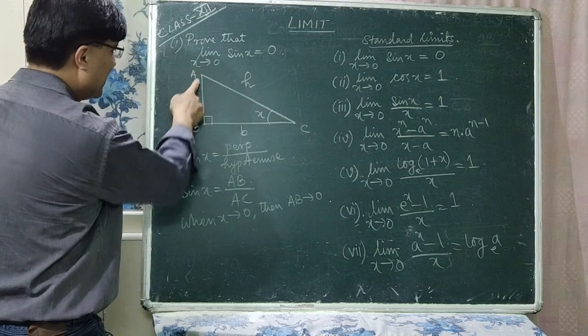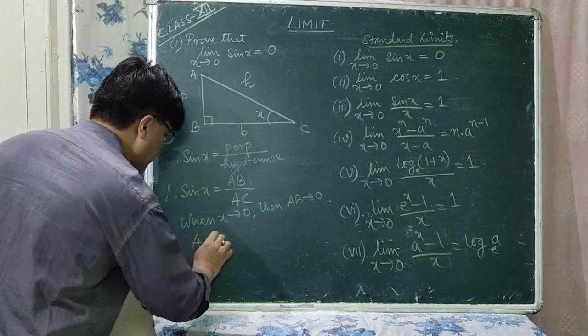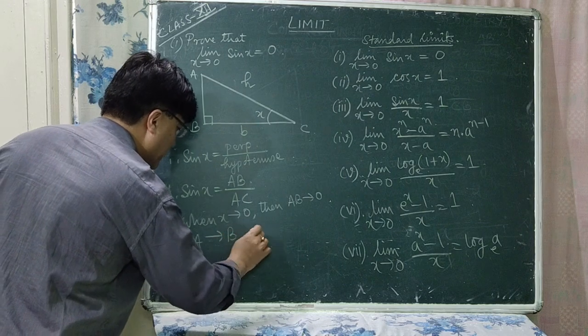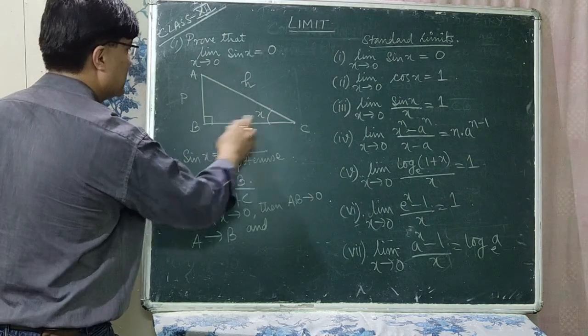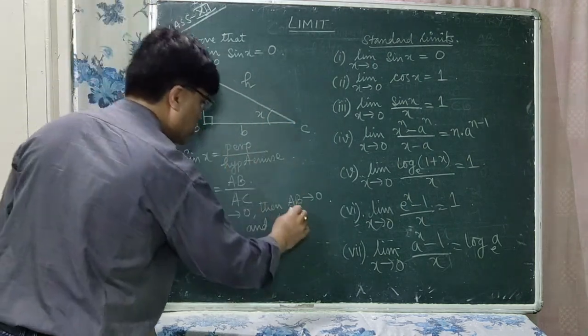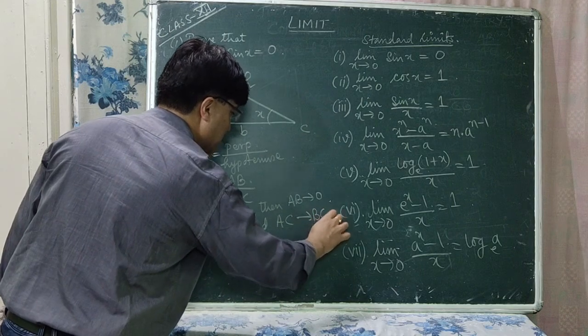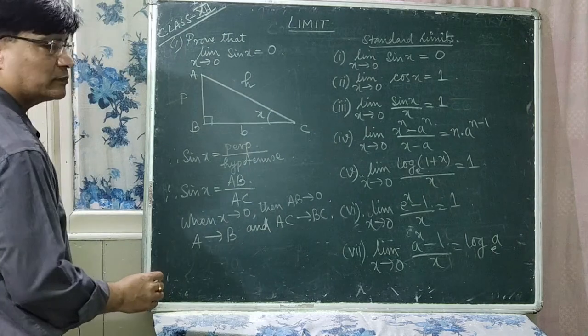And this A tends to B, this A tends to B, and this AC tends to BC. Is that clear to all of you?